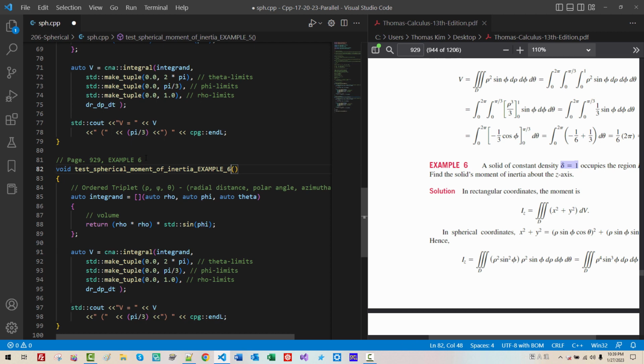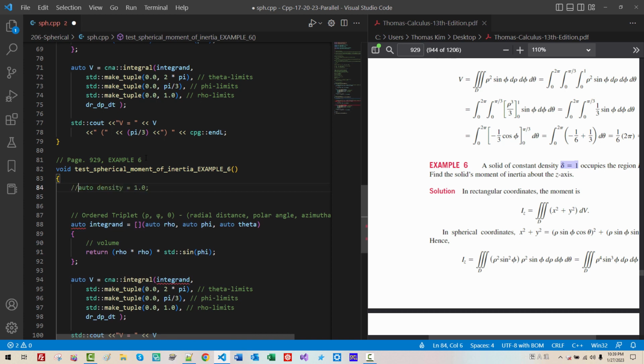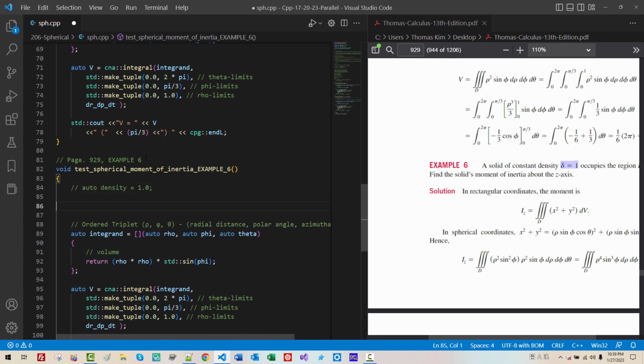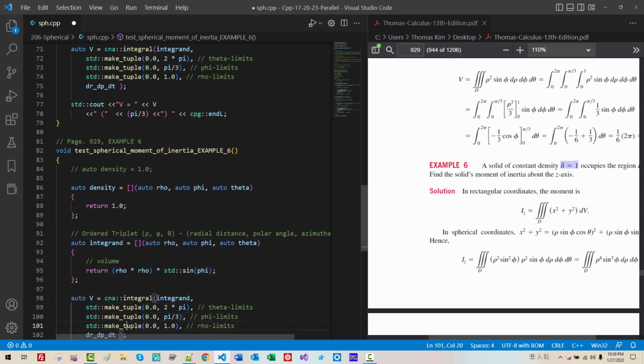Example 6. Our density is defined as 1.0. If our density is not constant, then we can always define it as a function of rho, phi, theta. We will simply return 1.0. Now we need to integrate the mass.